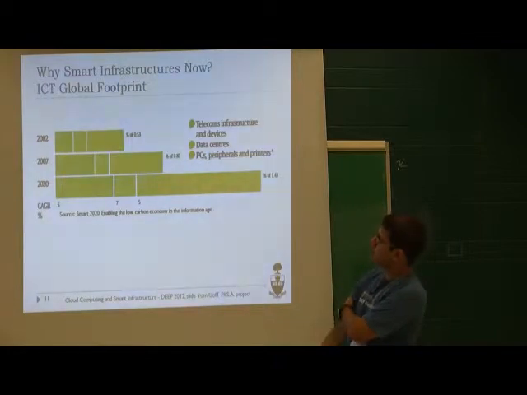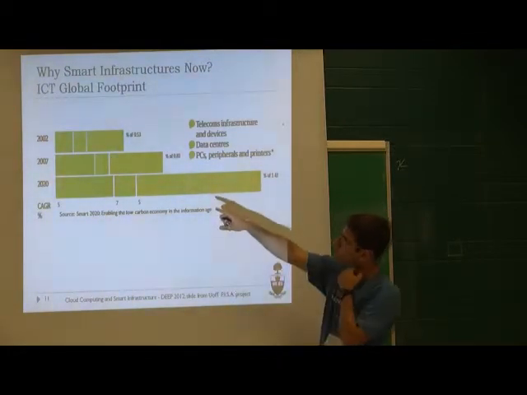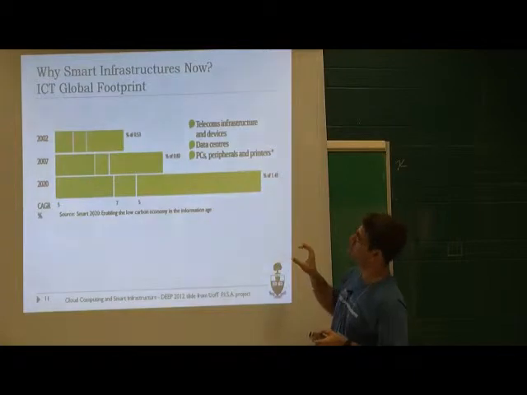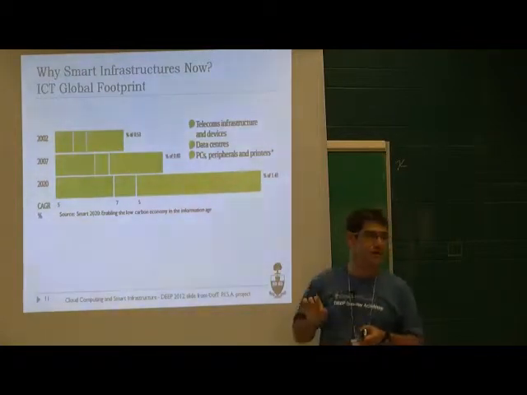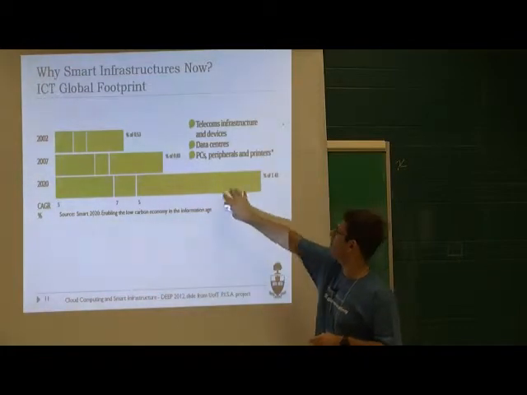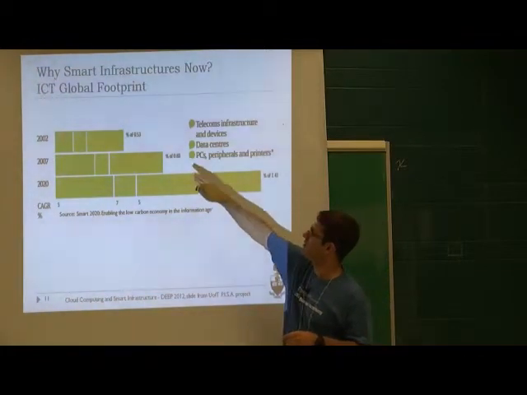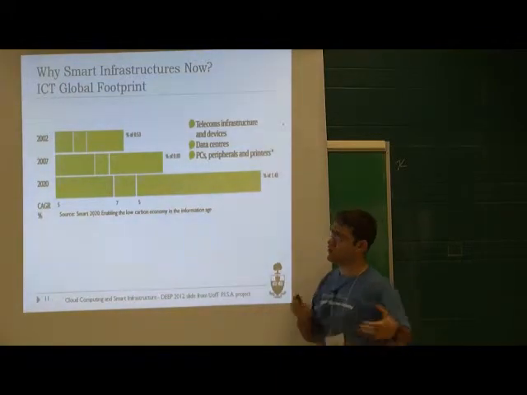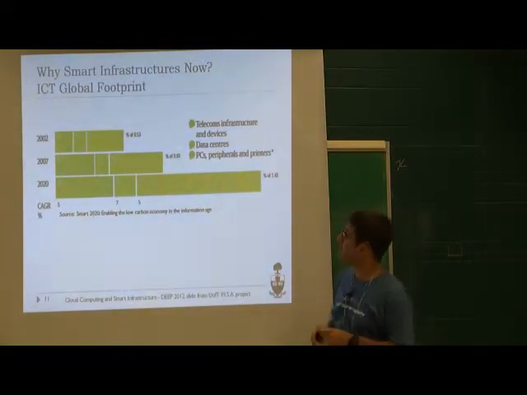So if you look here, in 2002 up to 2020, you have the power, you have the carbon emissions, and you have, for each one of them, one part. This last one is for the PCs, okay? PCs, peripherals, and printers. That's the percentage of how much carbon emissions they have.